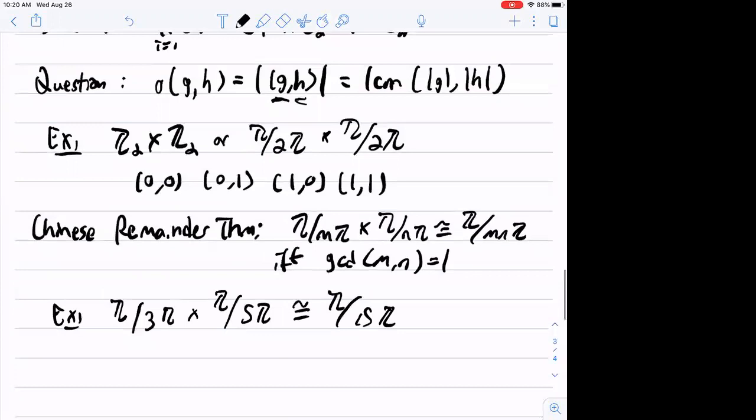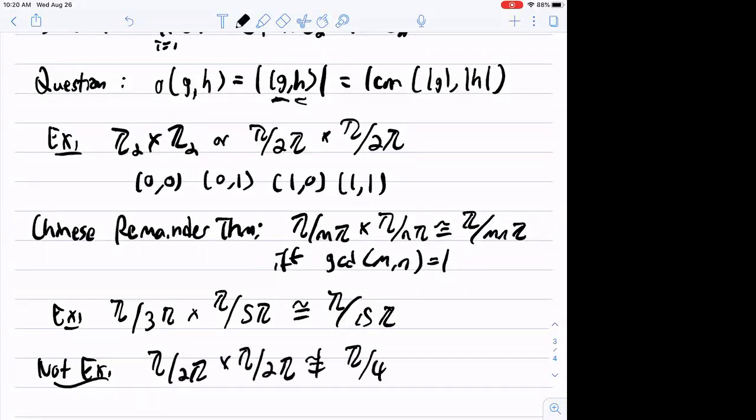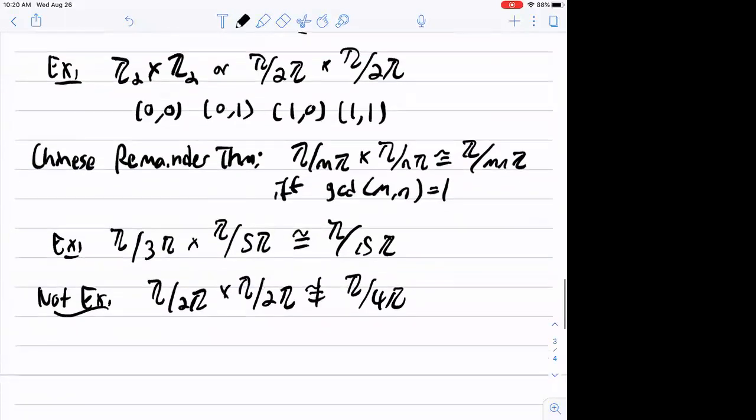But in the not-example, Z mod 2Z cross Z mod 2Z, the example I have above, is not isomorphic to Z mod 4Z, because 2 and 2 are not co-prime. And you can see this. In Z mod 4Z, the order of 0 is 1.